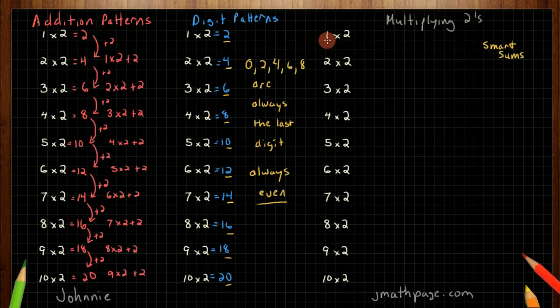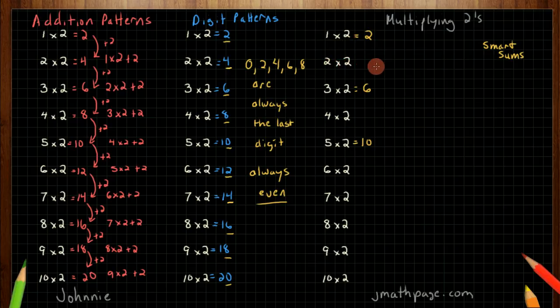So let's start here. We need to have 1 times 2, which we know is 2. We need to have 3 times 2, which we know is 6. And we need to have 5 times 2, which we know is 10. Those are the only ones we need. Okay? So let's start with those. If we think about 2 times 2, we can think about it as double 1 times 2, right?